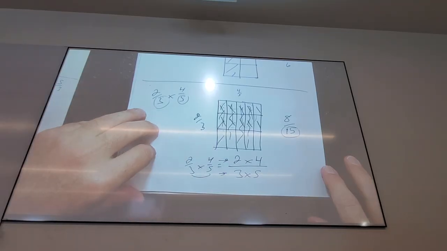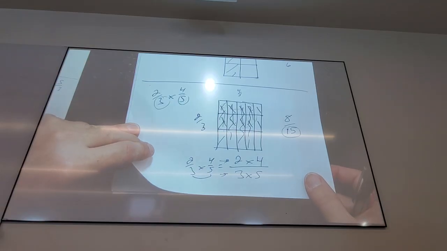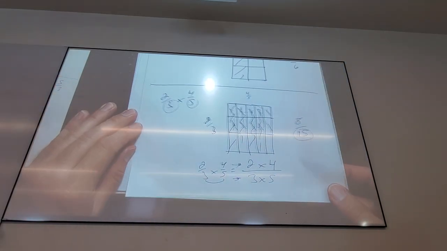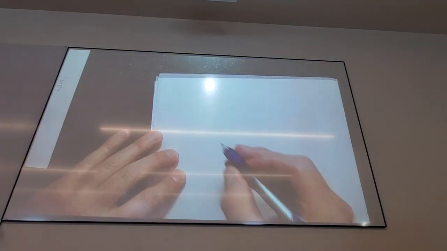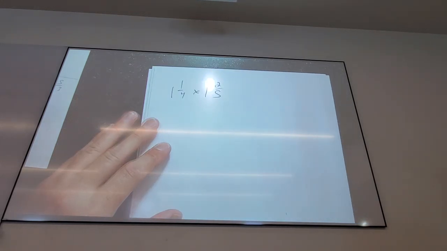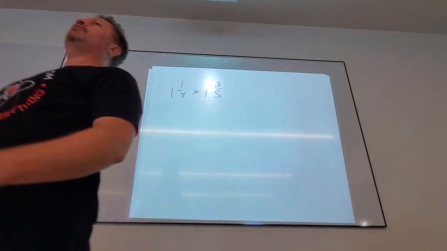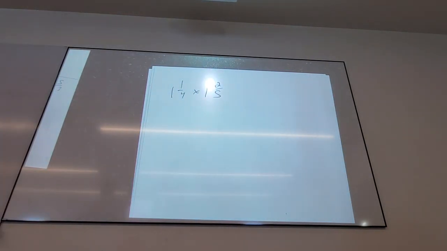Okay, so let's make things even weirder. What about if I'm trying to multiply mixed numbers? There's so many misunderstandings. Can somebody remind me what the operation is between, like, 1 and 1/4? What's the operation?